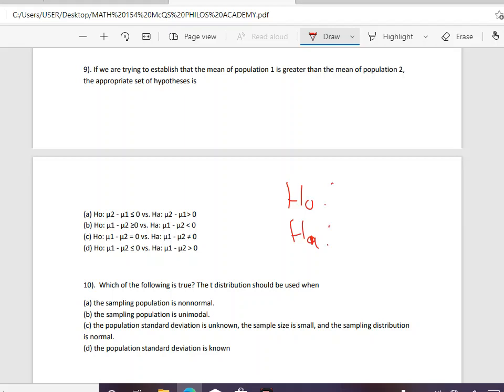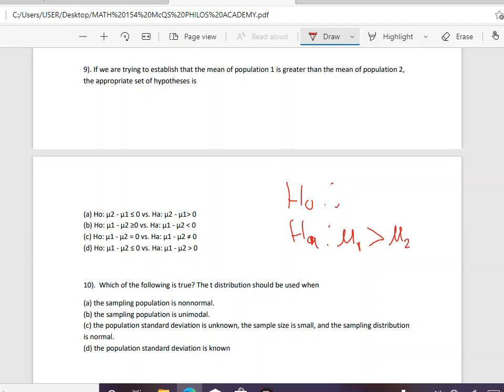Greater than is a statement of inequality, right? So you should go for HA. I hope you remember that. So we are saying that the mean of population 1 is greater than the mean of population 2.